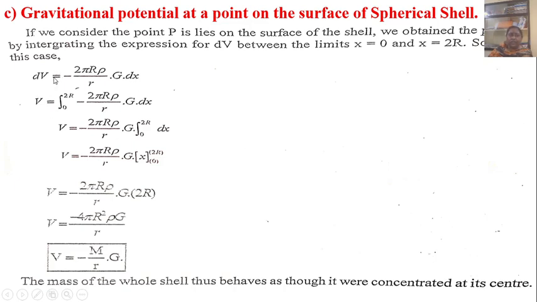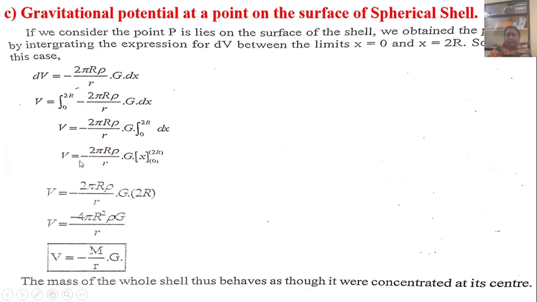So after taking integration, we get V equal to the integral varying from 0 to 2R of minus 2 pi R into rho upon R into G into dx. So V equal to minus 2 pi R into rho upon R into G, that is a constant quantity, so we can take it outside the integration, and we get the integral of dx varying from 0 to 2R.